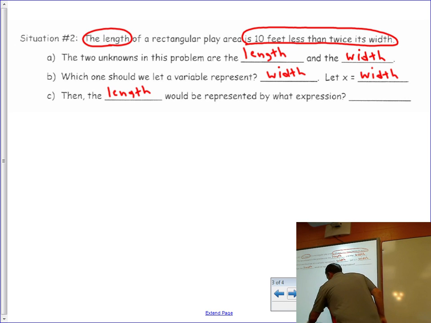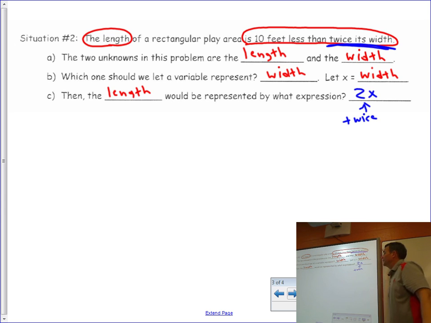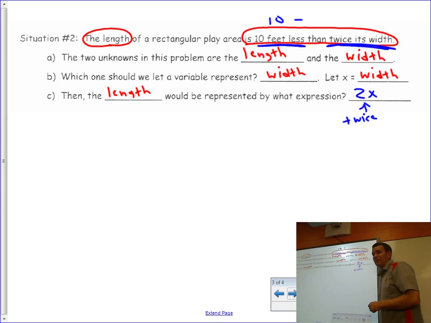I would start with twice the width. The length is twice the width, so 2 times x. But right, it's not twice the width, it's 10 feet less than twice the width. So the common mistake here again is to want to go 10 minus something.